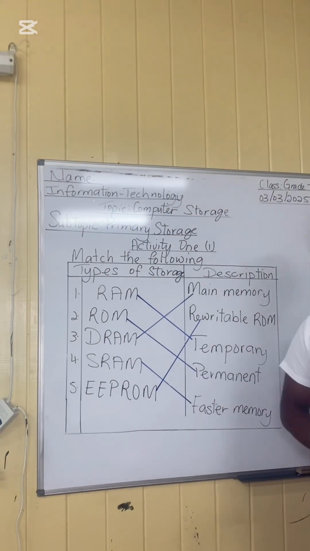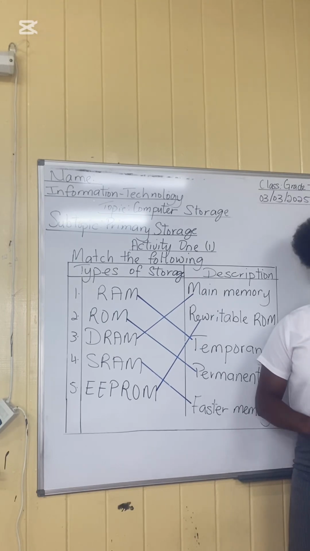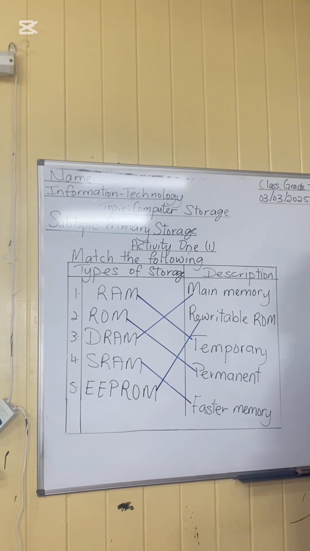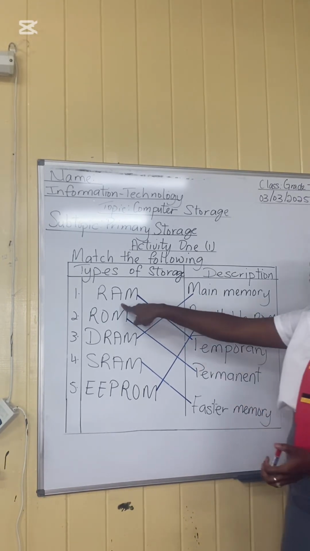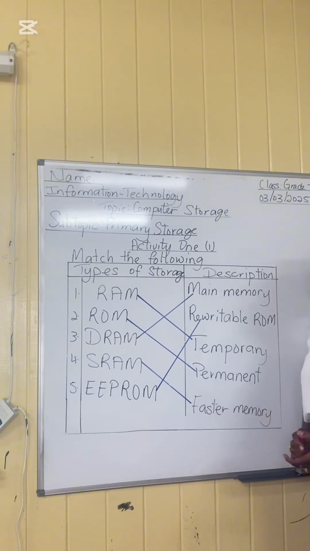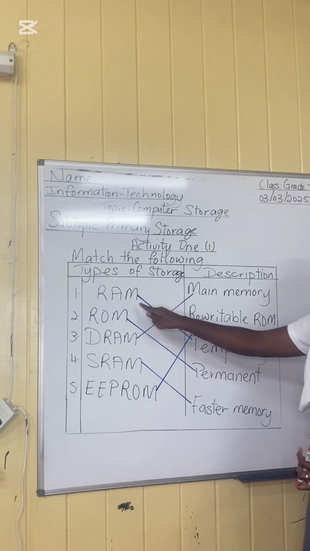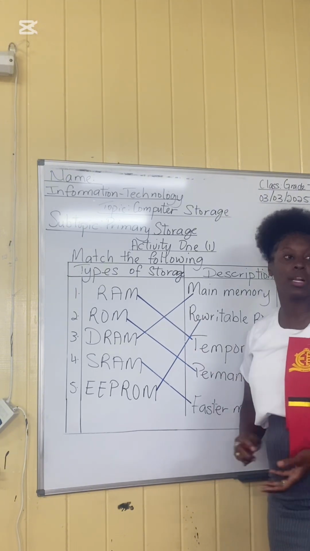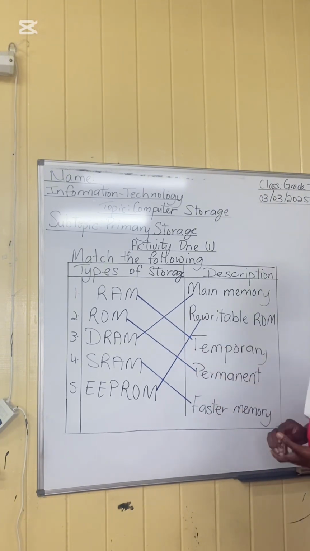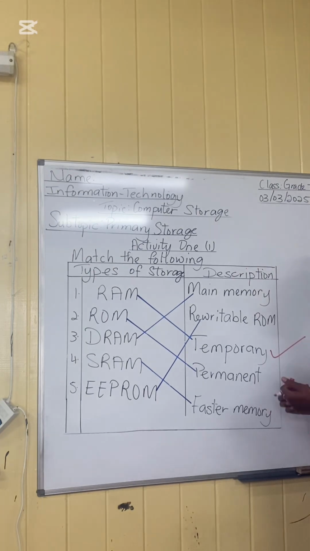Great. Thank you for your contribution, Janea. Let's go through activity 1. For question number 1, we're to match the storage types with their description. We have the RAM. Based on our lesson, we understand that RAM is temporary memory. So this is correct.